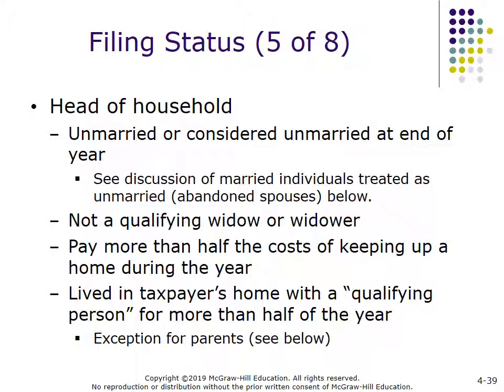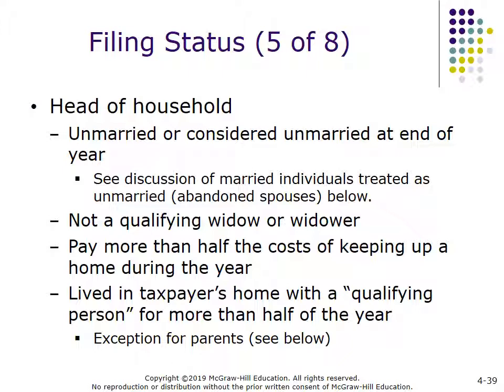So from July 1st through December 31st, spouse has been gone, not in the house, never. And you have a child who's lived in the house for more than half the year, a dependent child. Okay? Then you don't have to file married filing separately. You can choose head of household status. You're considered an abandoned spouse.